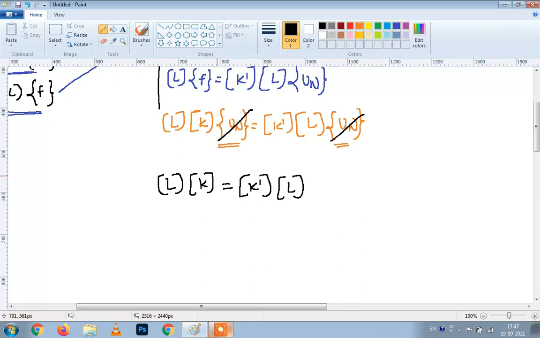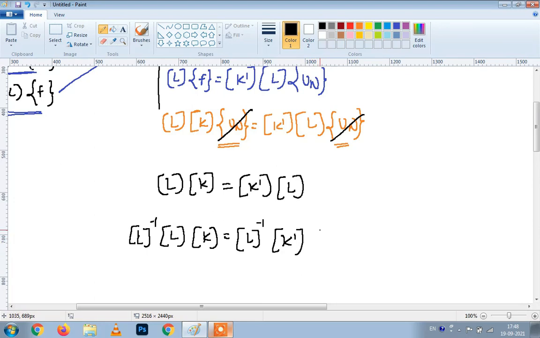Now we are pre-multiplying with L transpose, that is the transformation matrix that we have used, we will get its transpose. So we are multiplying L dash into L into K as it is equal to, here also we are multiplying L dash K dash into L.